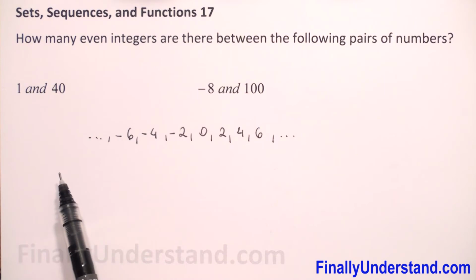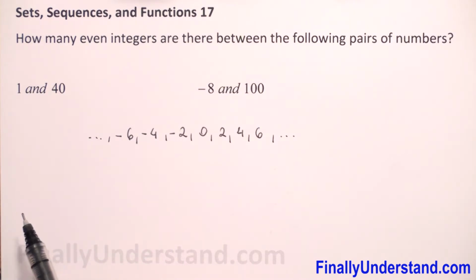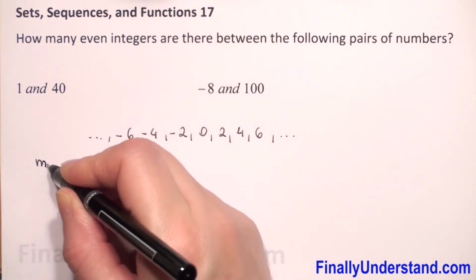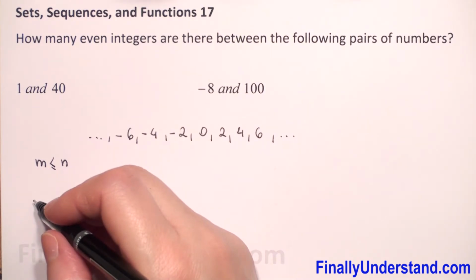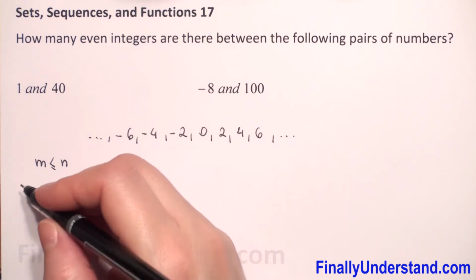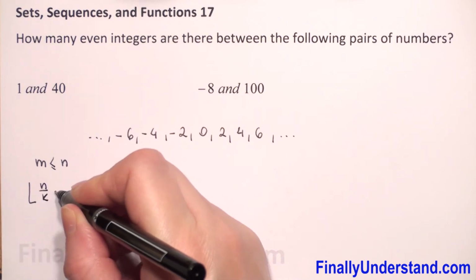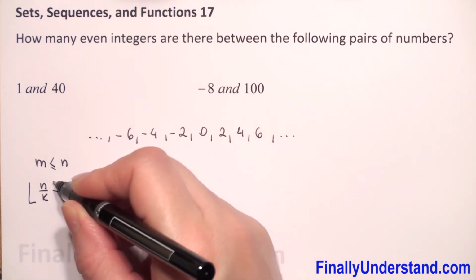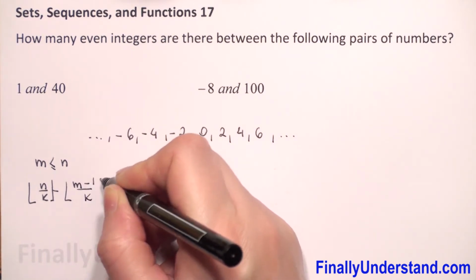Because these numbers are multiples of 2, we will use the formula that when we have integers m less than or equal to n, the number of multiples of k between m and n is floor of n over k minus floor of (m minus 1) over k.